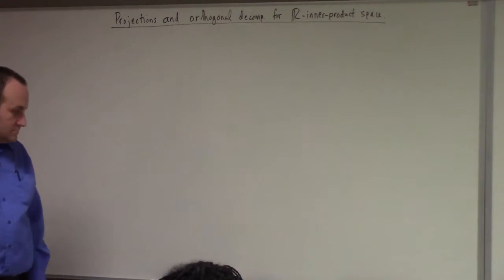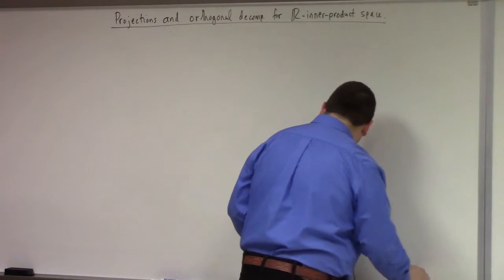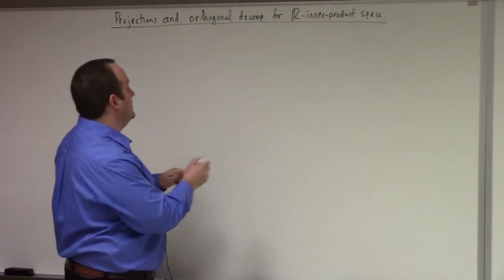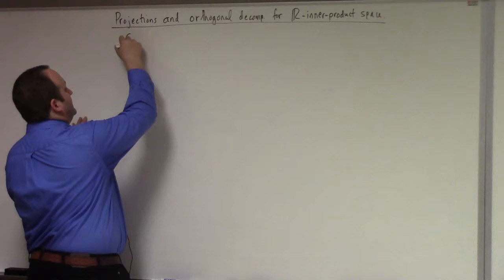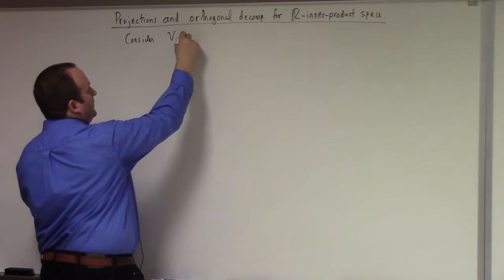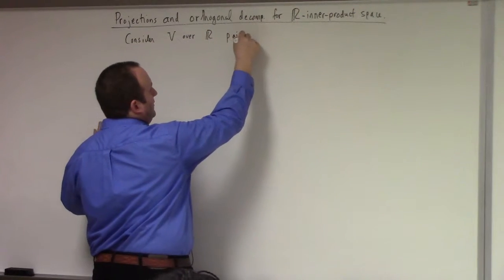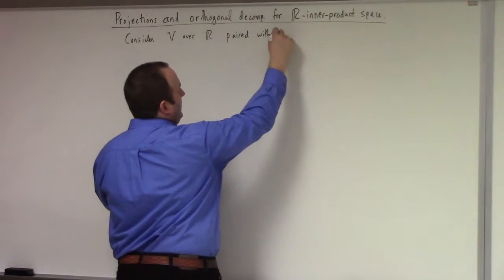Now, first things first, I will remind you what we're dealing with here is an inner product space. We consider a vector space V over the reals, paired with an inner product.